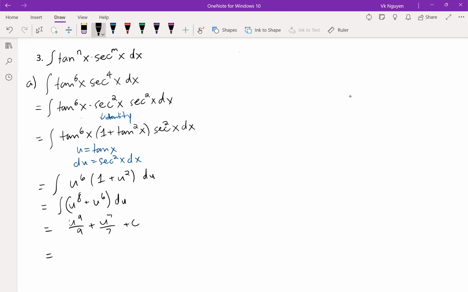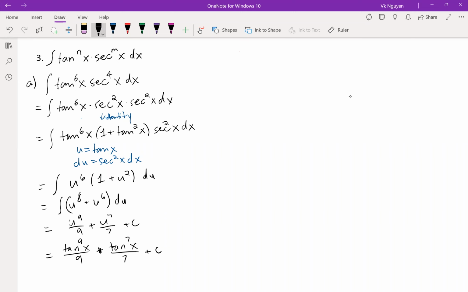Do the back sub and we have tangent x to the 9 over 9 plus tangent x to the power 7 over 7 plus c. Very cool, huh? Let's take a look at another example.